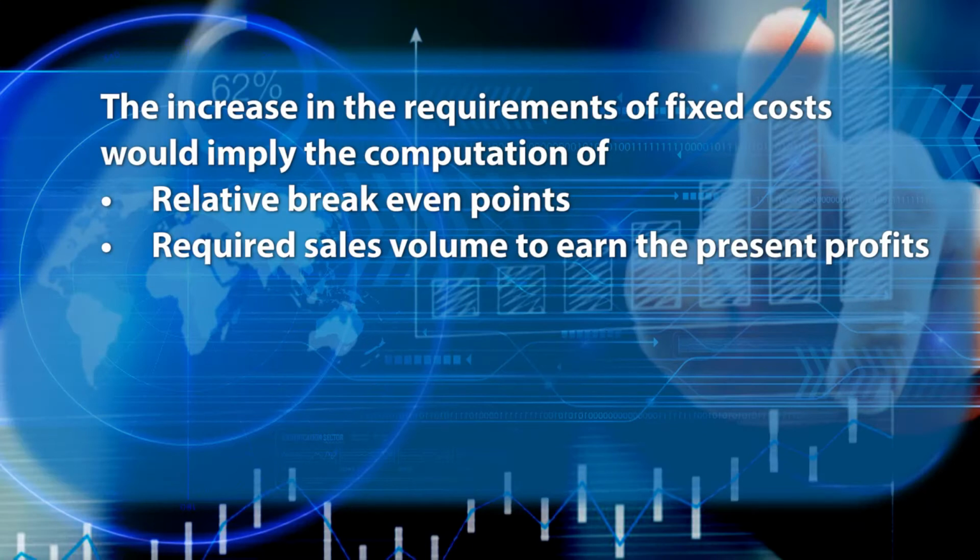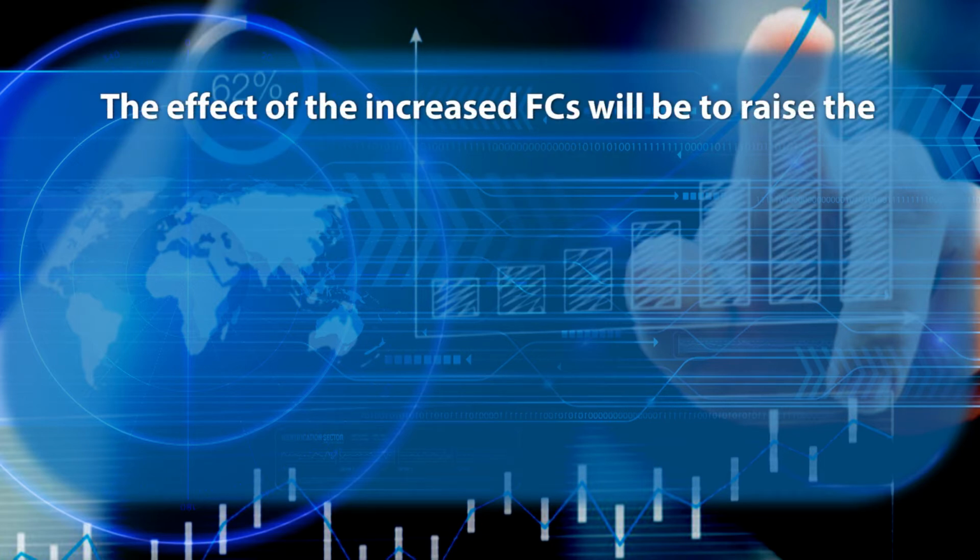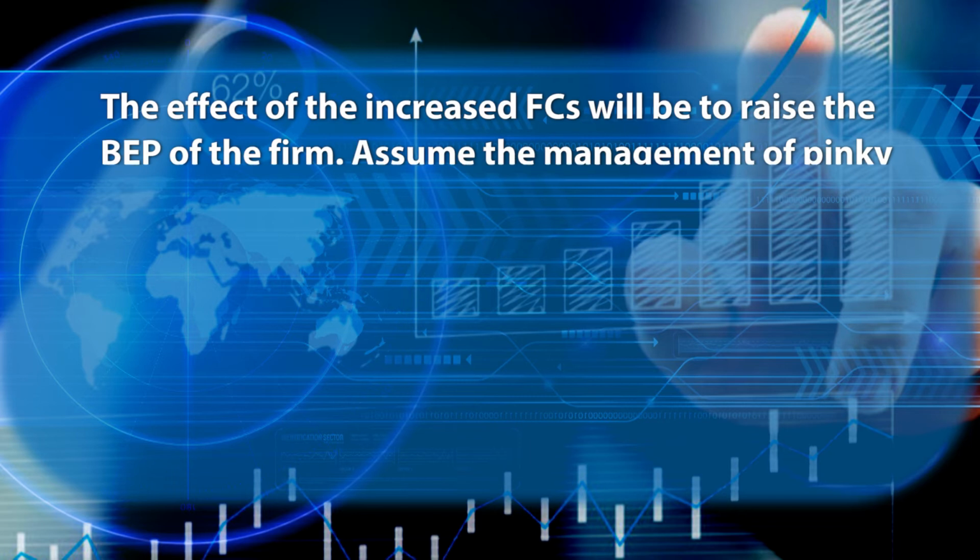The increase in the requirements of fixed cost would imply the computation of relative break-even points, and the required sales volume to earn the present profits. The effect of the increased fixed cost will be to raise the BEP of the firm.